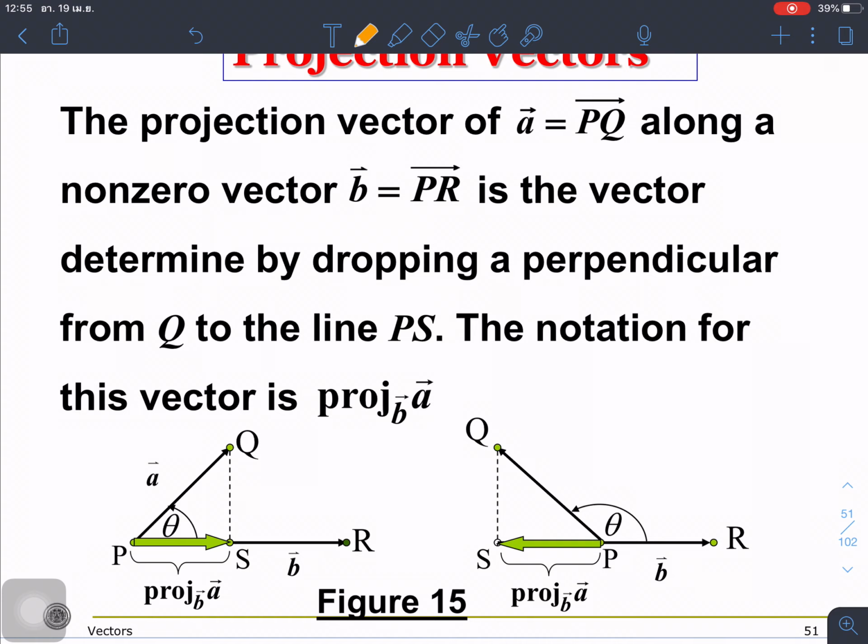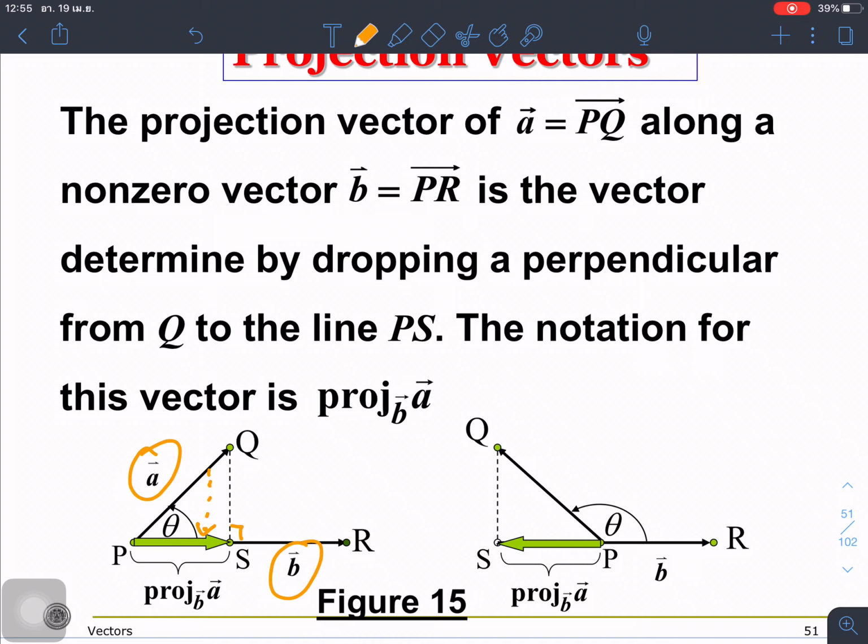Vector A is PQ, along the non-zero vector B, which is PR. It can be determined by dropping the perpendicular from Q to the line PS. Okay, you're going to drop this down here.